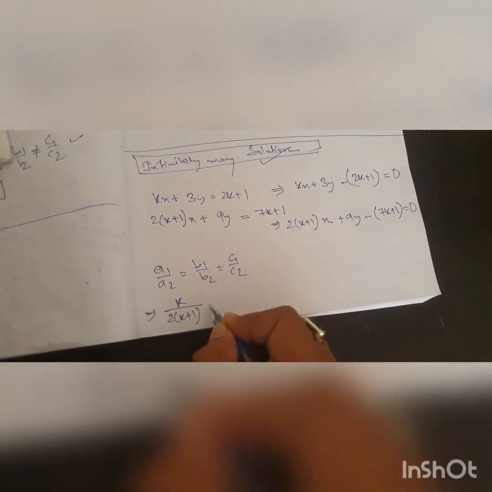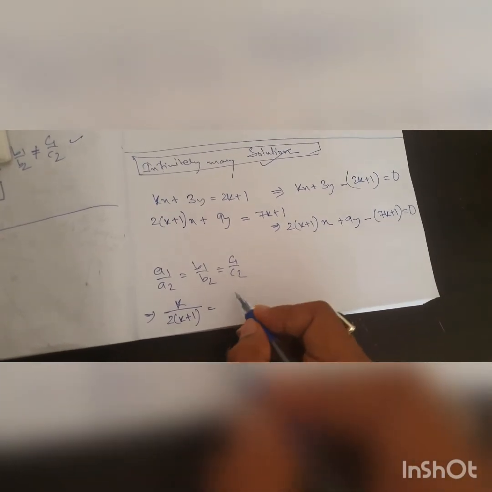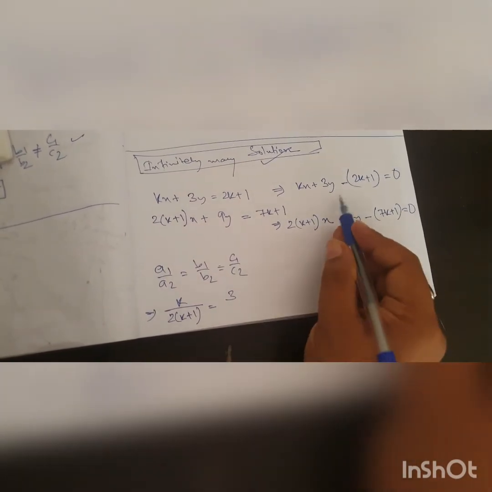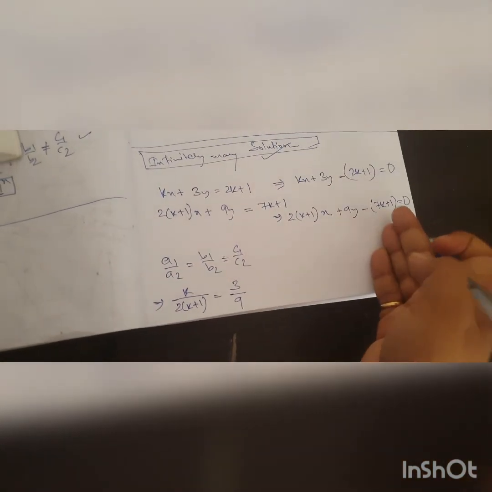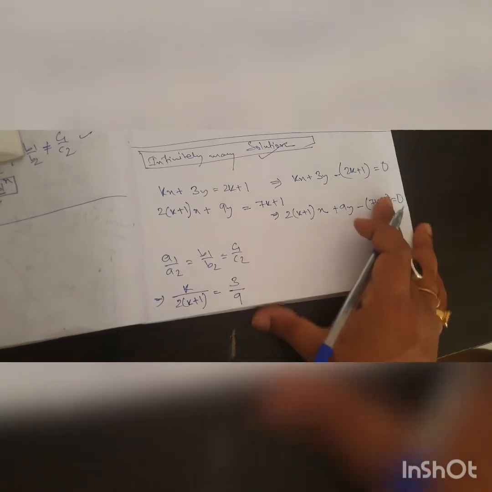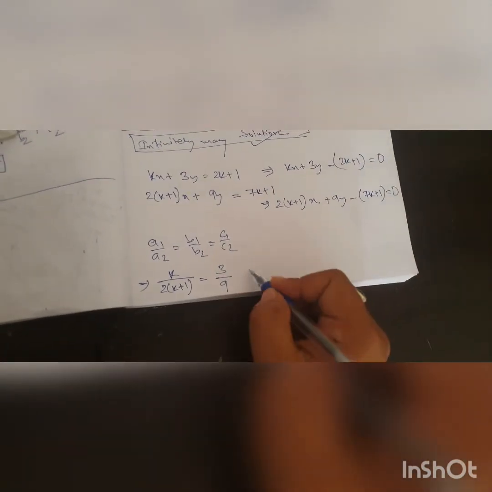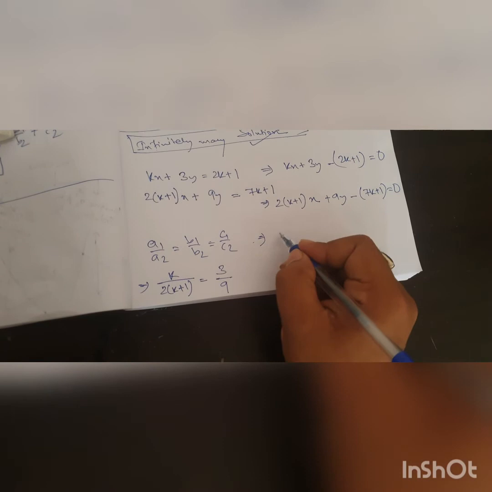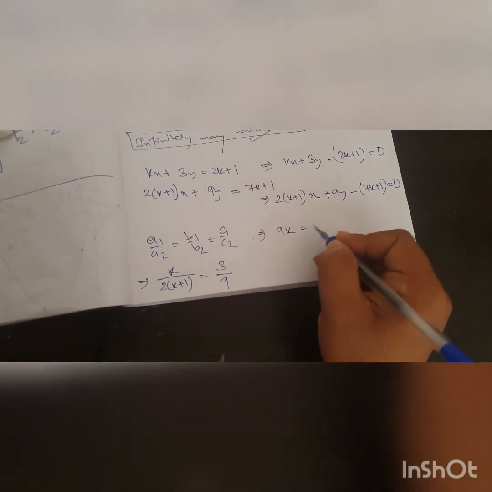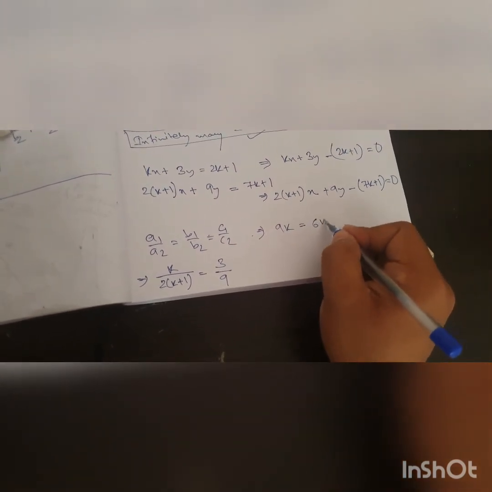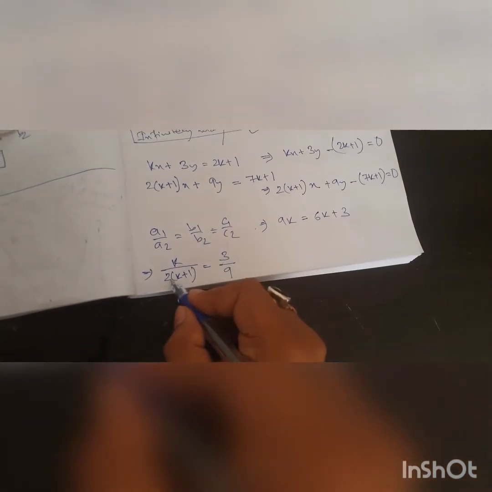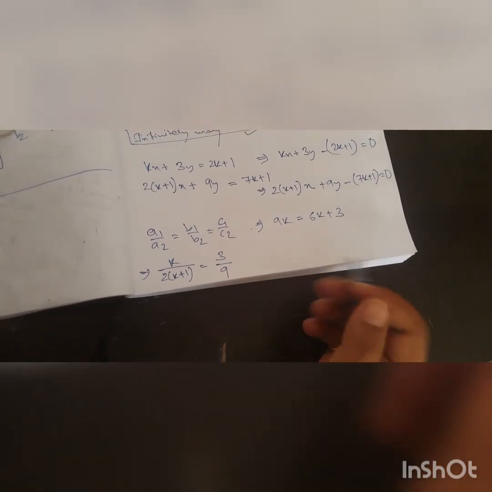This will do. a1 by a2, a1 is k and a2 is 2 into (k plus 1), is equal to b1 by b2, which is 3 by 9. We don't require the c part, but you could take it also, that is not an issue. So in the next line you will get 9k is equal to 6k plus 3, because 3 times 2 is 6.